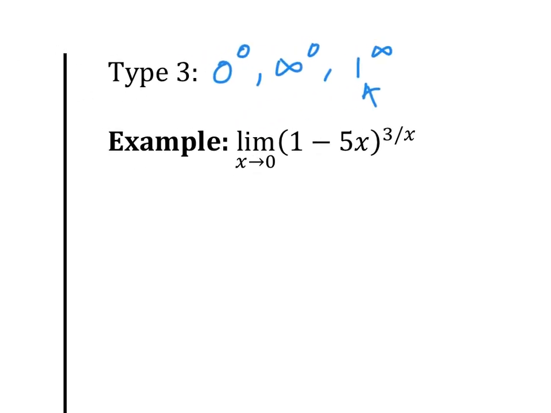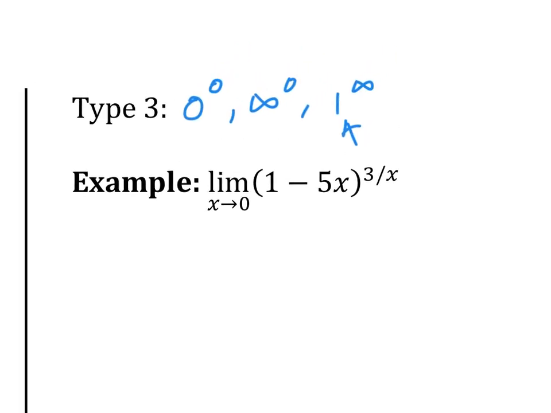Okay. So again, when you get to any of this kind of situation, you want to try to get to a L'Hopital thing. So let's look at this question. If you plug in 0 right now, you're going to get 1 to the infinity. This tells us that we can't quite conclude what is really going to happen.